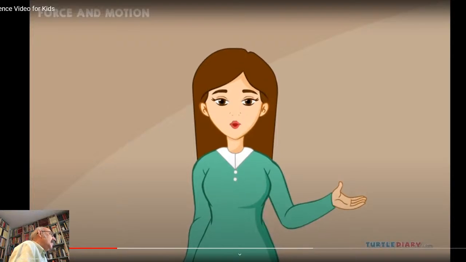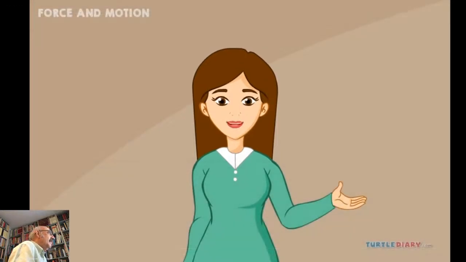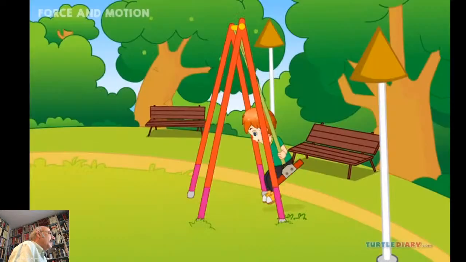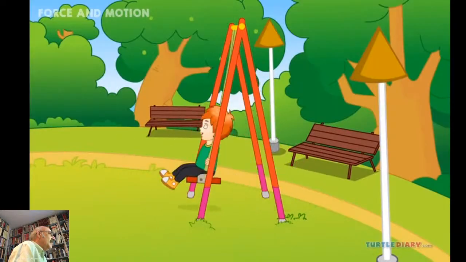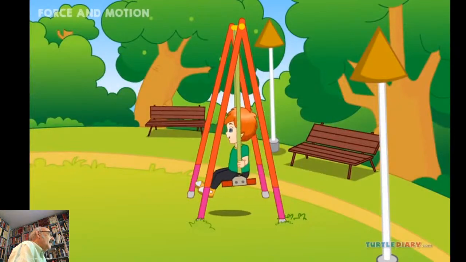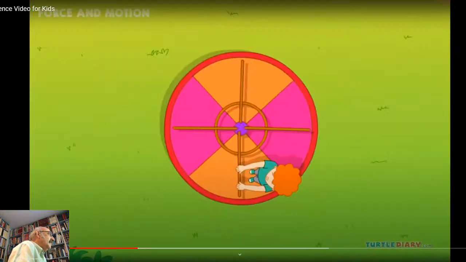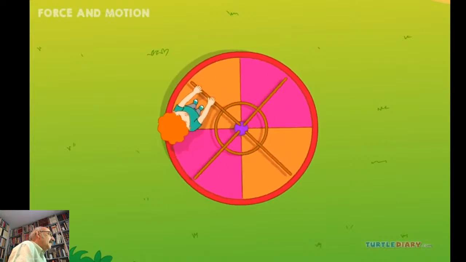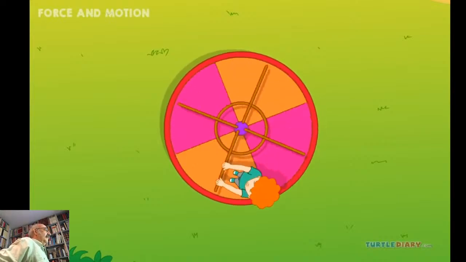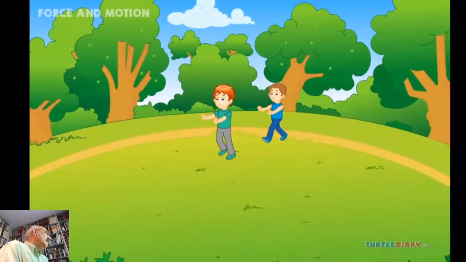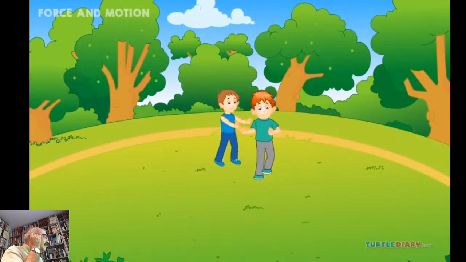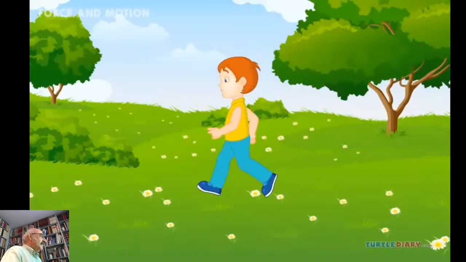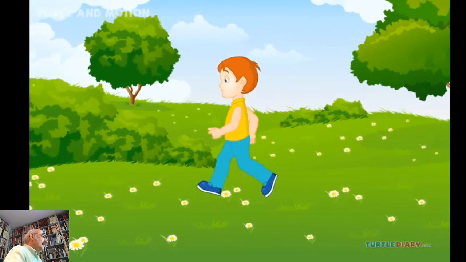What speed do you go at when you're on the swings? It can be fast and exciting, or slow and relaxing. On a merry-go-round, you can start off slow and go faster and faster. You may run fast when you pass your friend playing tag and slow down when you get to base.